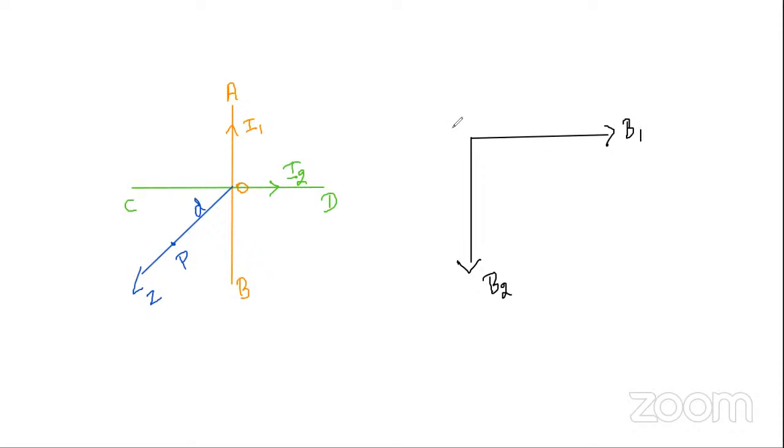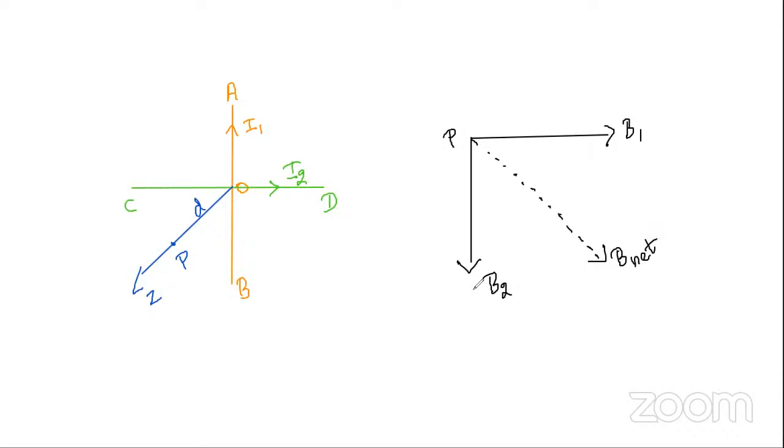So this is point P and the net field is along this direction. The net field is represented as B net.